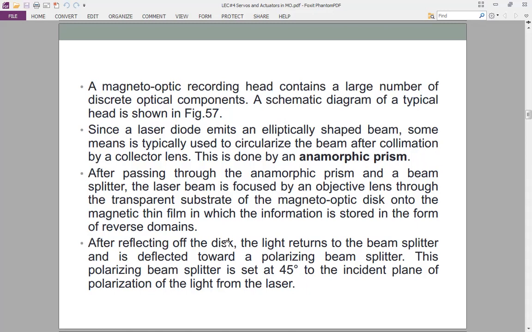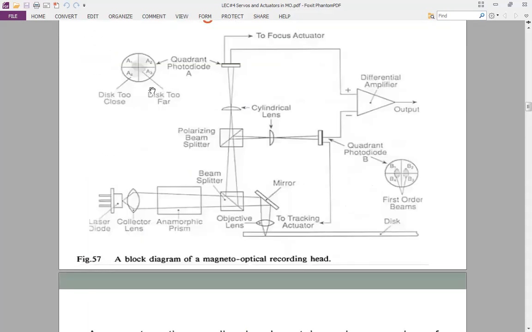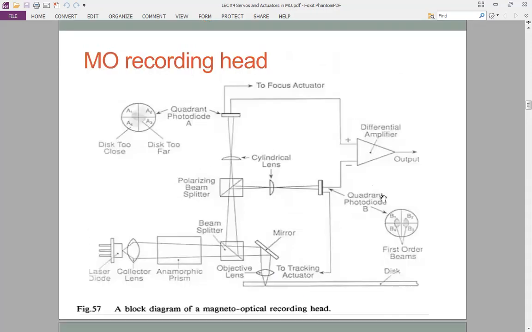After reflecting off the disk, the light returns to the beam splitter and is deflected towards the polarizing beam splitter. This polarizing beam splitter is set at 45 degrees to the incident. So this information here we have already discussed, and you can actually read that and track what has been written to this diagram here, where you have the beam splitter, the collimator, the anamorphic prisms, the objective lens, and so on.